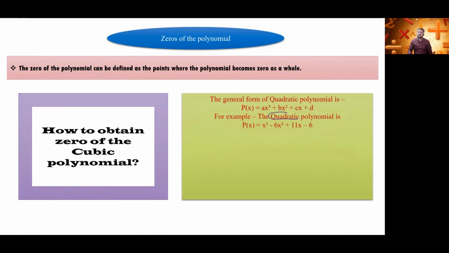Here the word should be cubic, correct it. Yes, just raise your hand. Yes, Sushant, bolo. Sir, same as that, but first we'll divide it by one term. Matlab, we'll find three factors of that, and we'll find three zeros according to the three factors we have obtained.